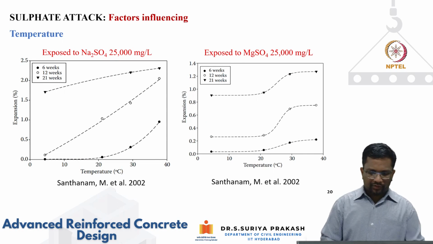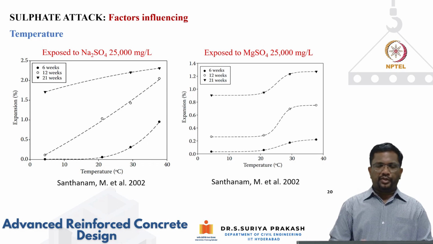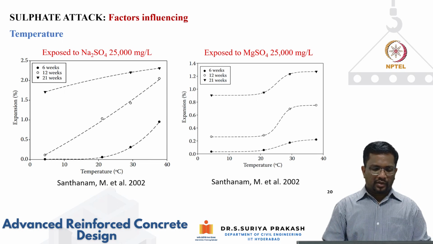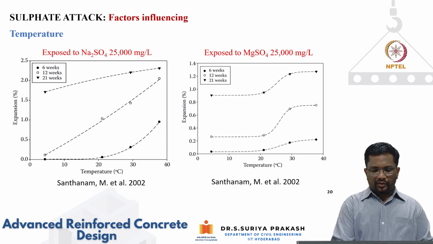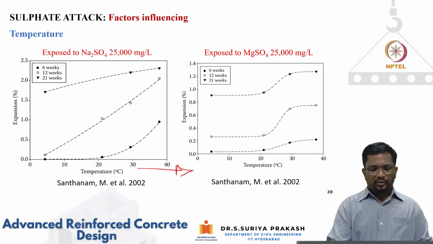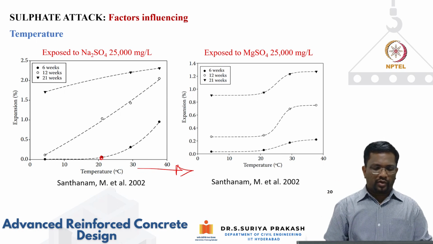Then again, temperature also. People have studied the effect of temperature with respect to age. Okay, you can see we are plotting temperature in the x-axis, and again expansion in the y-axis. So you can see at a particular temperature, as expected, when you give more time, you have more expansion.